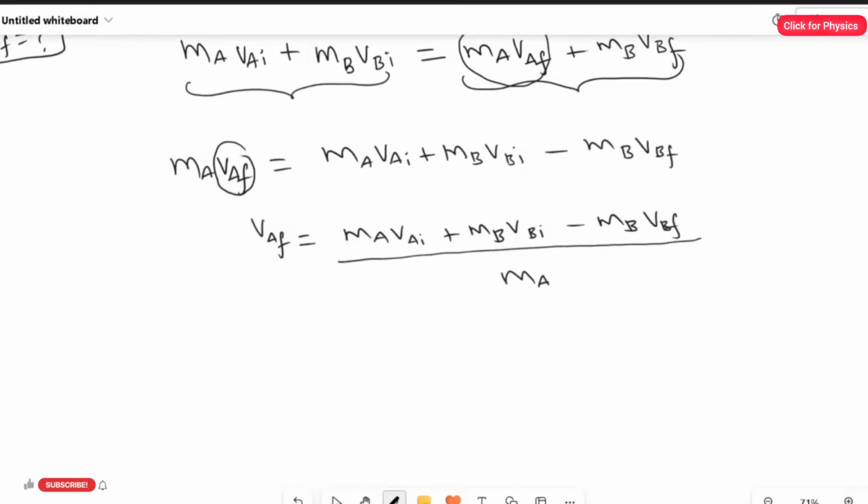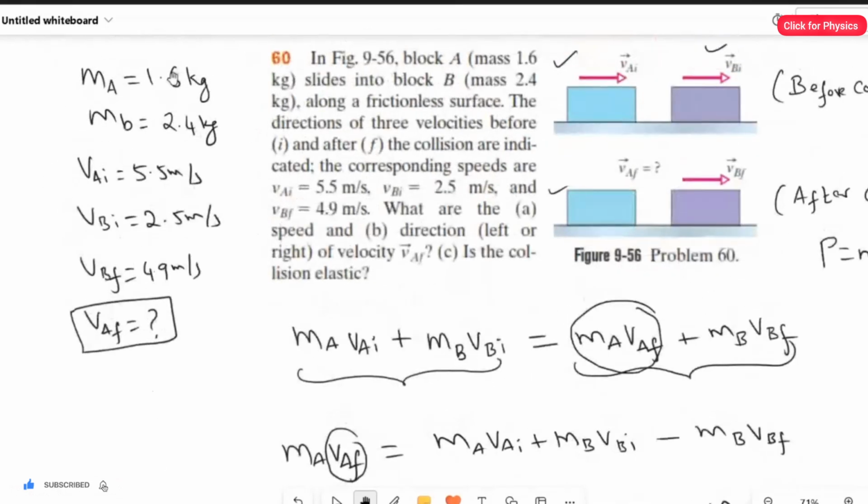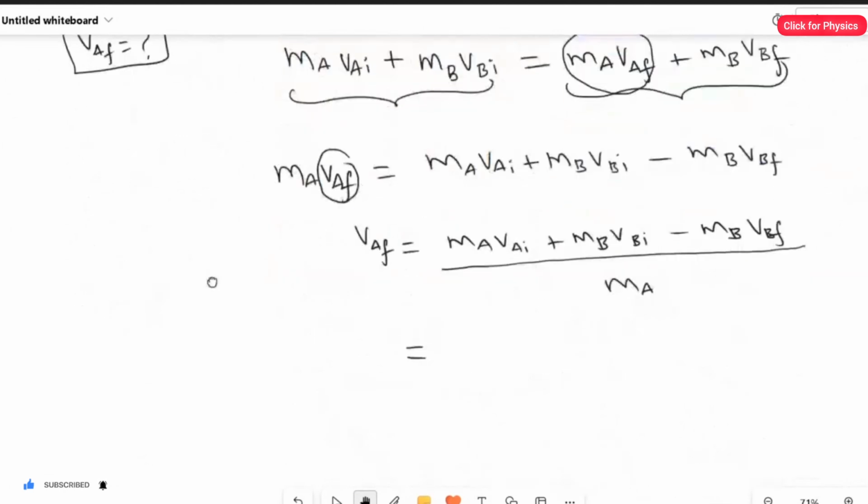Now we are going to substitute the values here. As we already have all the values, we can substitute them one by one. The mass of the first object is 1.6, and the second is 2.4.